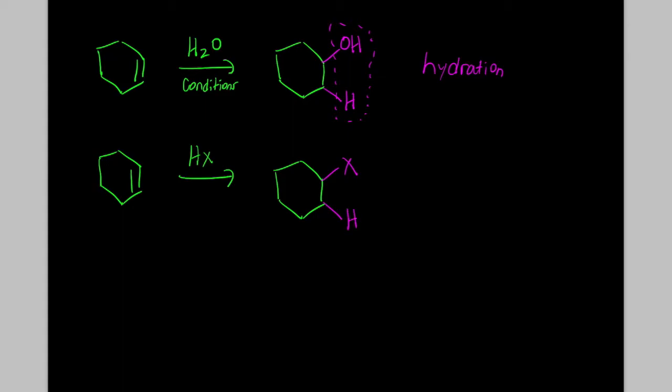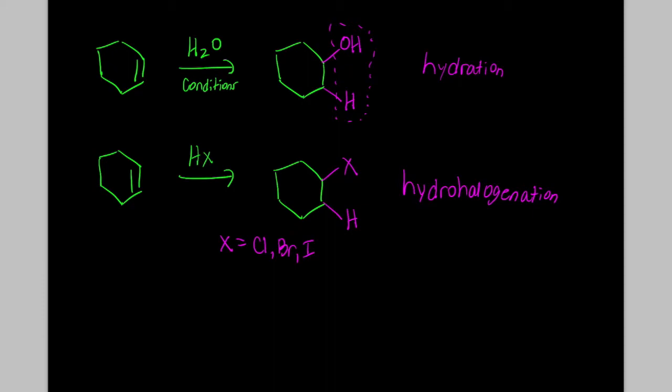And so this reaction is called hydrohalogenation. Okay, so keep in mind that X can be any one of these halogens. We usually don't talk about fluorine in the context of sophomore organic chemistry.